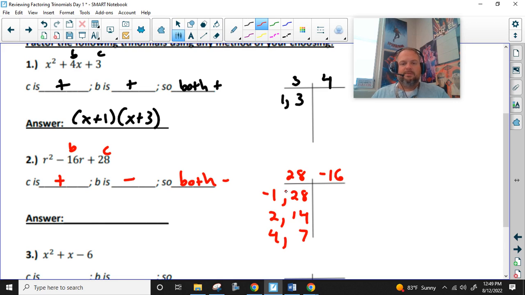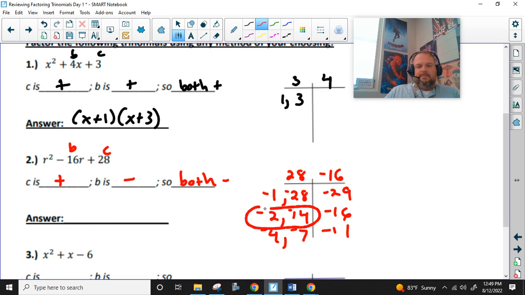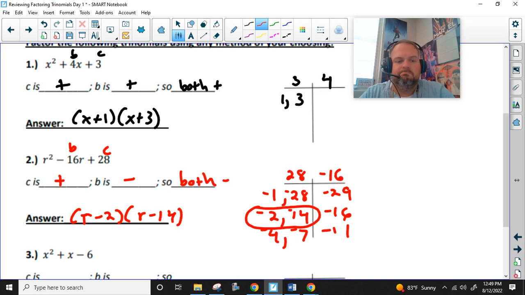This gives me negative 29. This is negative 16. This is negative 11. Well, the ones we need are right here. So we have r minus 2 and r minus 14.